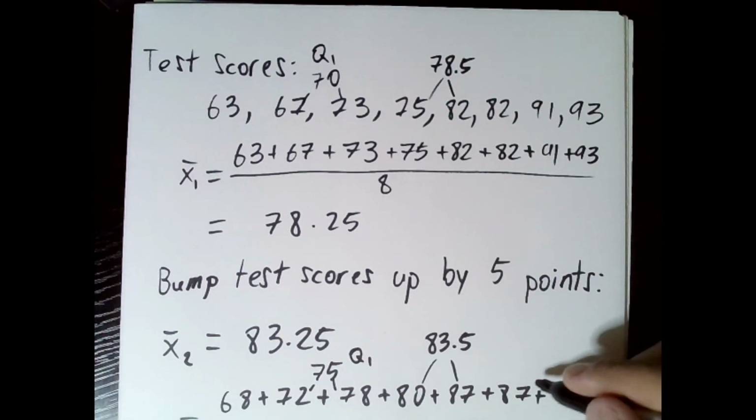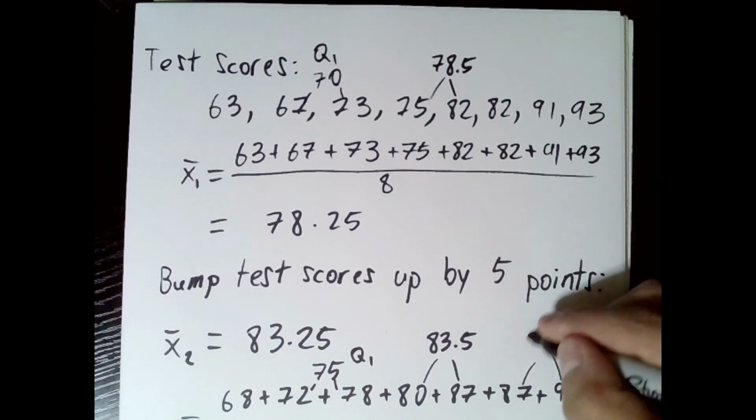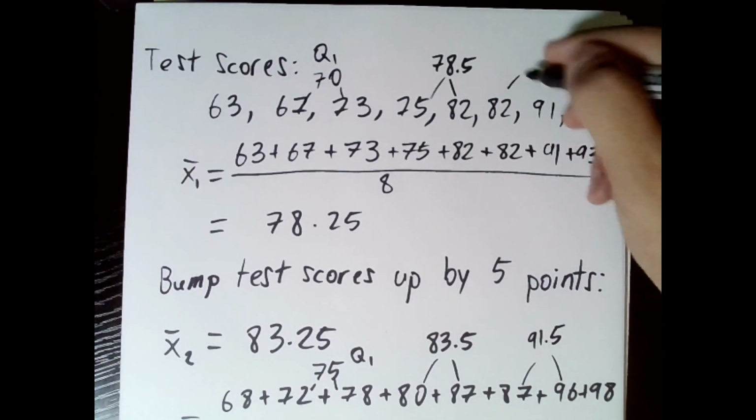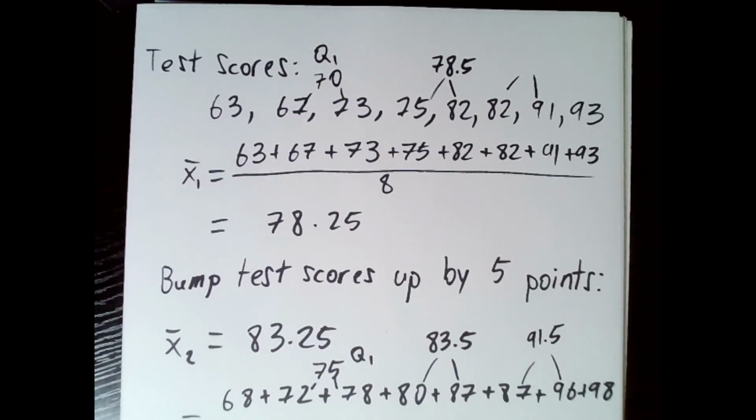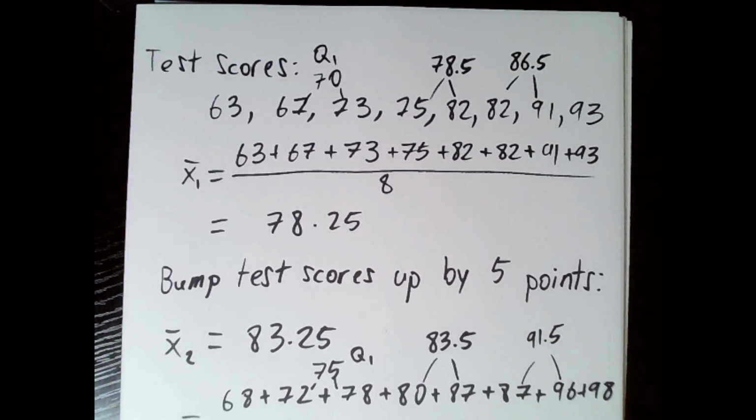Then for Q3, the midpoint between 87 and 96 is 91.5, and the midpoint between 82 and 91 is 86.5. Again, you observe a 5-point difference. So any measure of location, the ones we're most concerned with being measures of center, is going to be adjusted by this constant of addition.